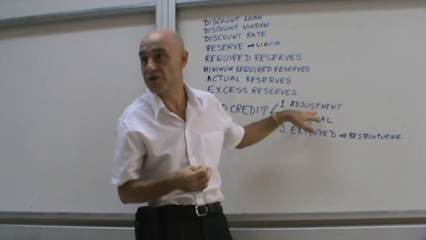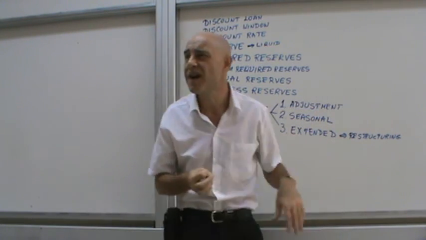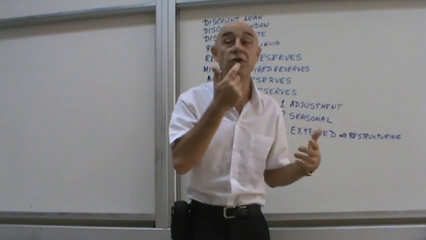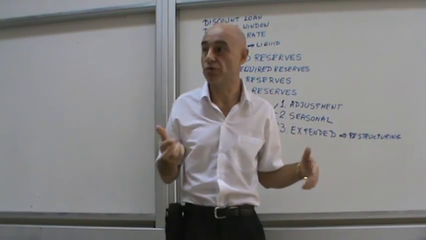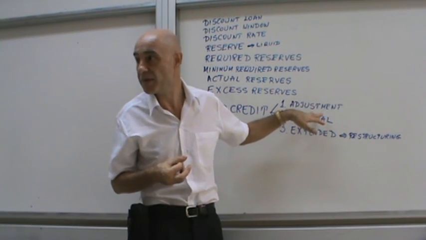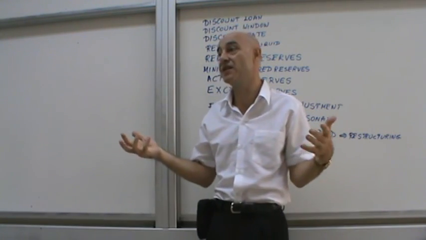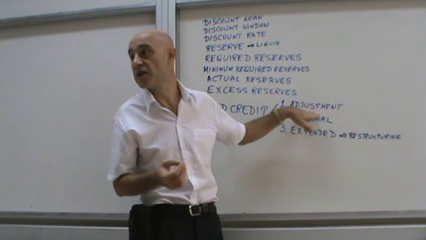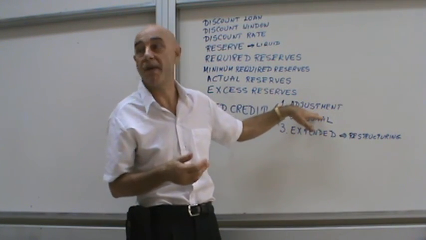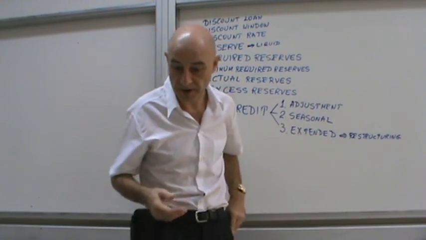When the day was done, the bank had paid out about 900 million euro, about $1 billion US. Well, they didn't have $1 billion in cash, so they took an adjustment credit from the central bank. The central bank bailed them out and helped them temporarily.